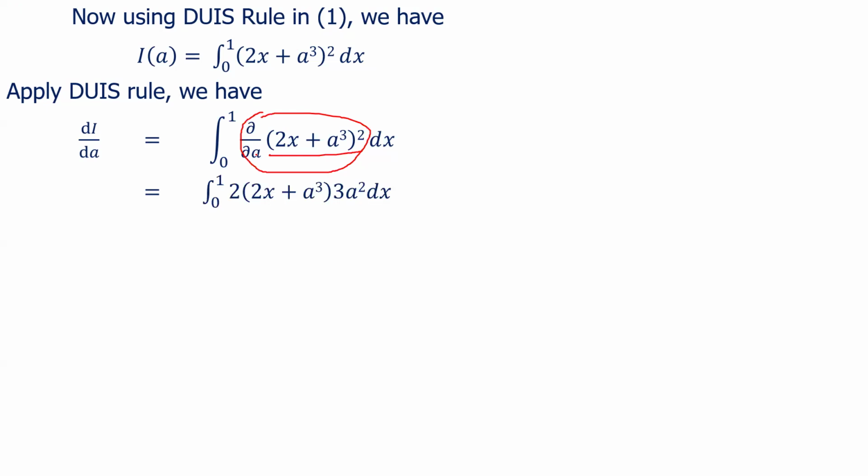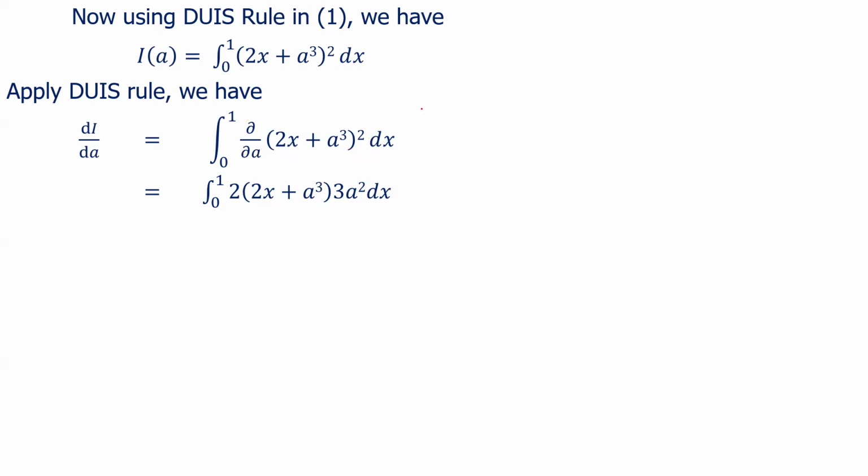The derivative of the square gives 2 times (2x plus a cube), and then the derivative of 2x plus a cube with respect to a: the derivative of 2x is 0, and the derivative of a cube is 3a square, under the limit 0 to 1 with respect to x.